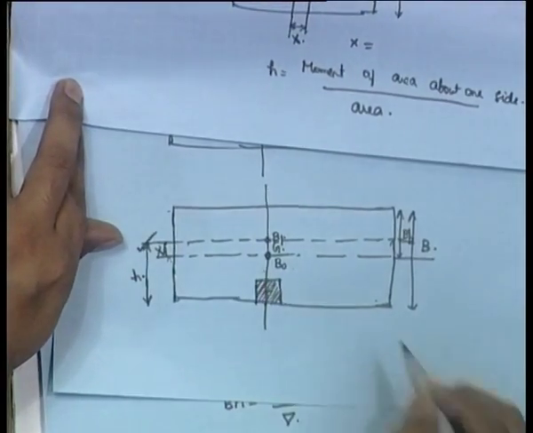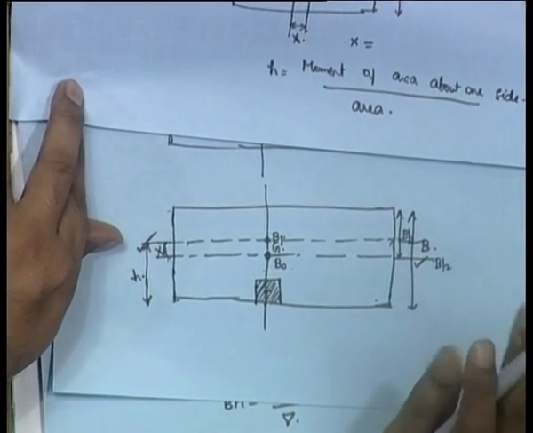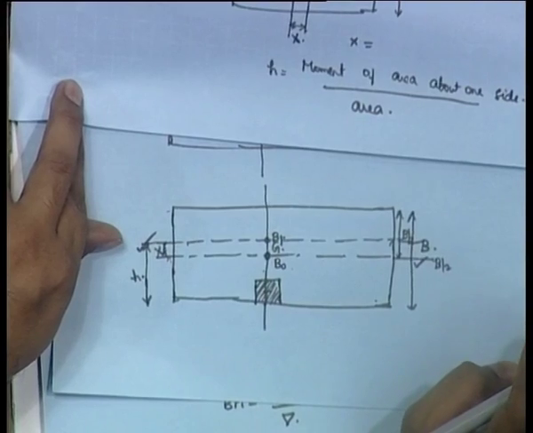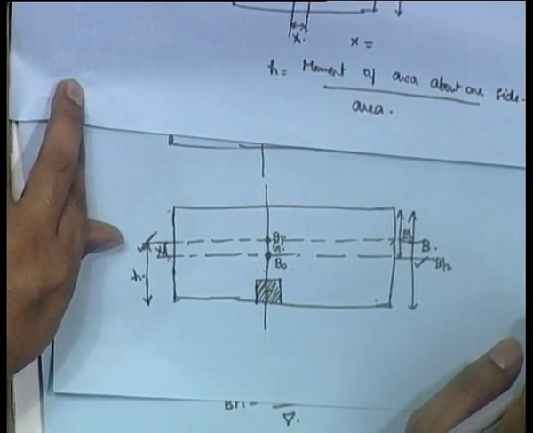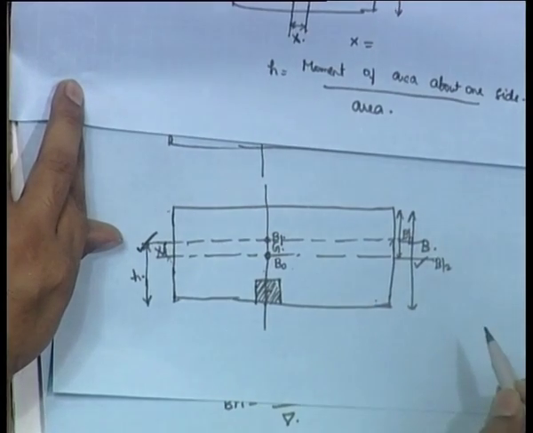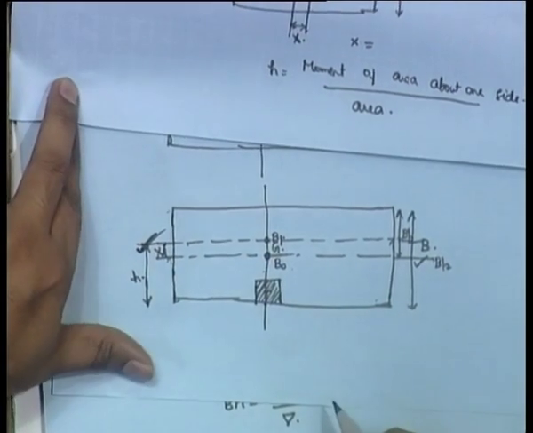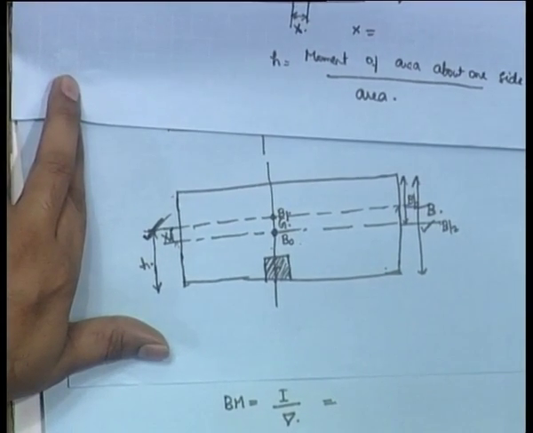Not about b by 2, which was your center line in the ordinary case, but in this problem it needs to be redefined. You have to take I about this line h, the moment of inertia about this line h.